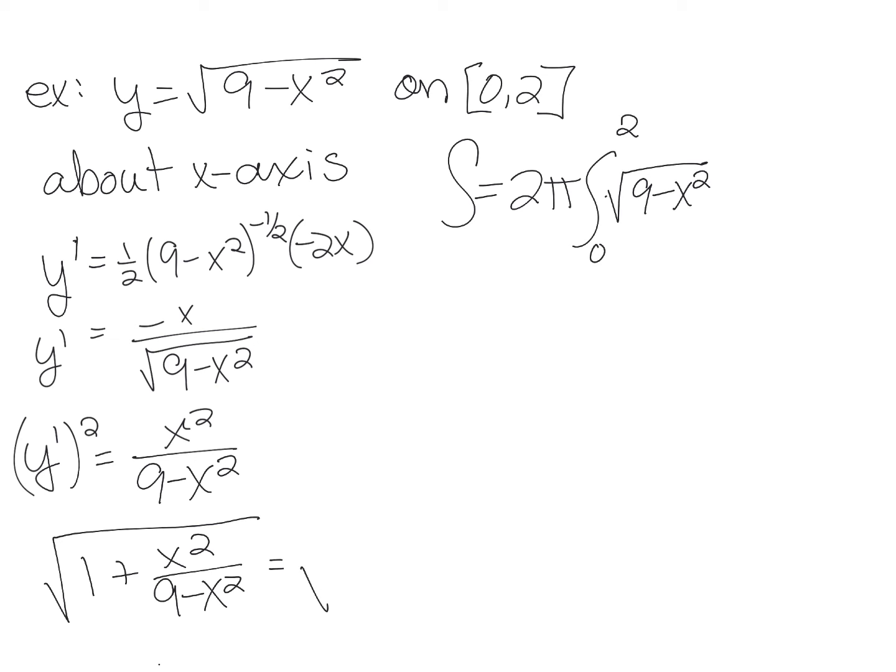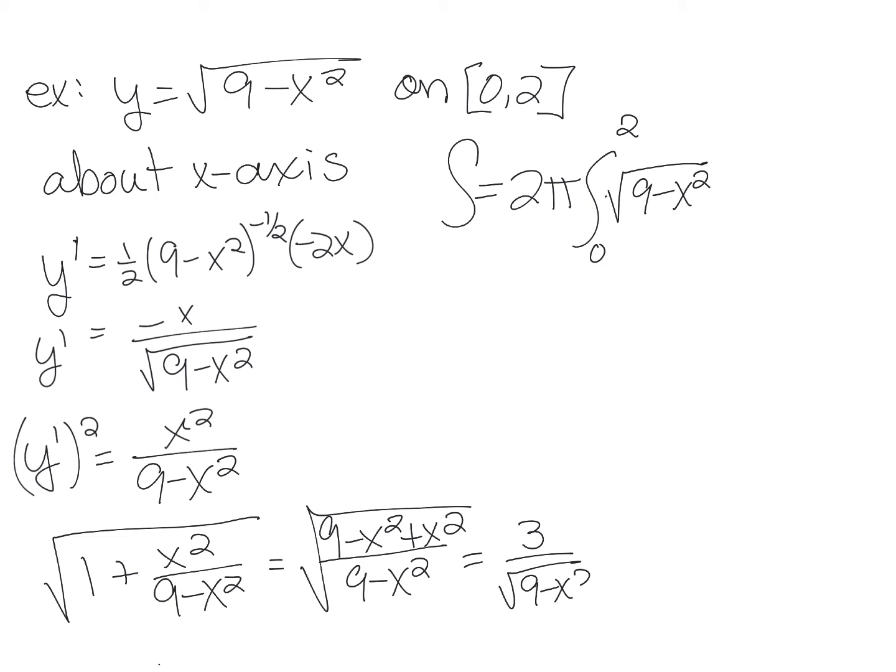So the common denominator underneath the radical, 9 minus x squared plus x squared. This is going to give me 3 over the square root of 9 minus x squared. That's the entire arc length portion.